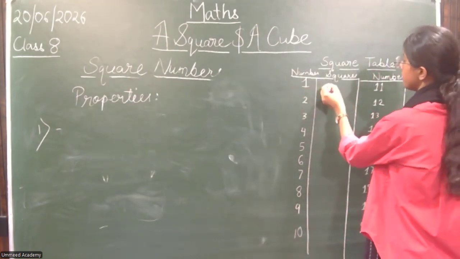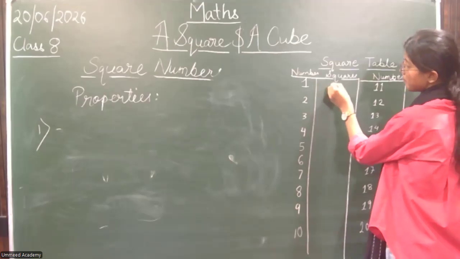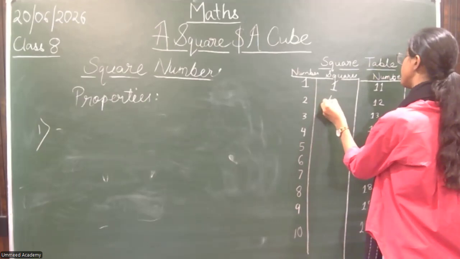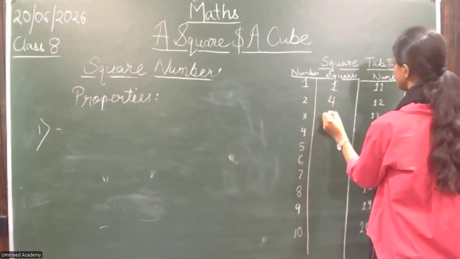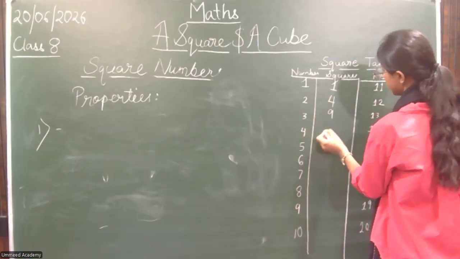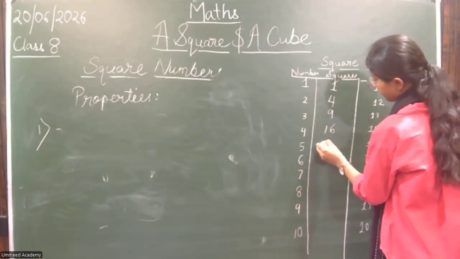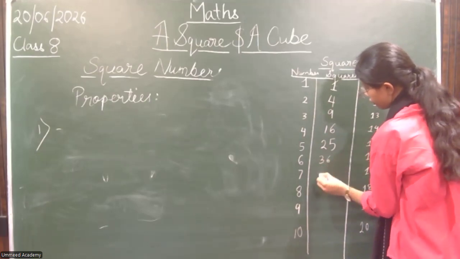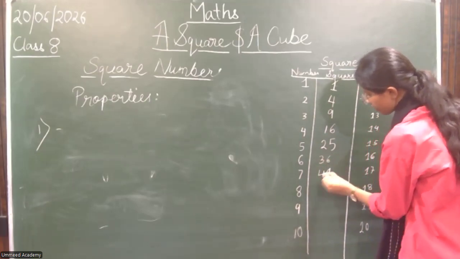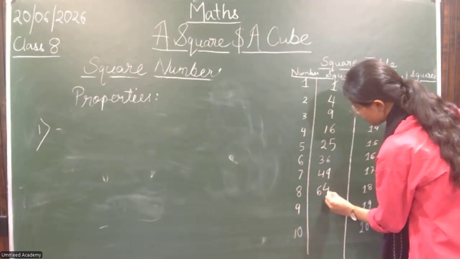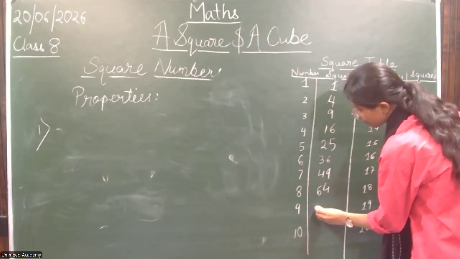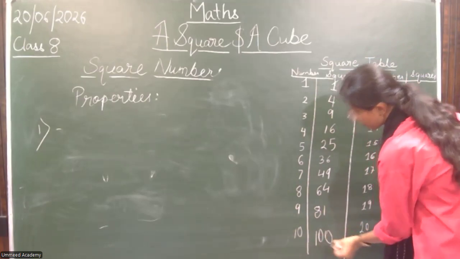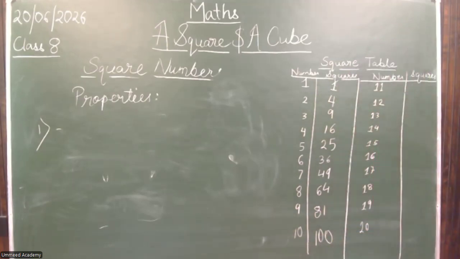The square of 1 is 1, of 2 is 4, of 3 is 9, then 16, 25, 36, good. 49, 64, 81, and 100, right? Yes, ma'am.